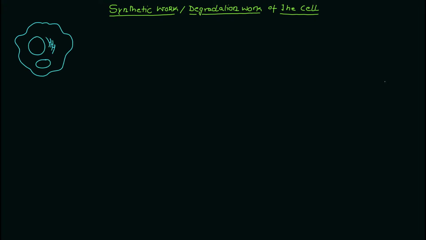Let's start by designing the cell. As you can see here, the cell is made up of different components, so there are so many things happening inside the cell. Many complex molecules. The cell produces essentially DNA, RNA, different types of proteins, different types of molecules that are important for its day-to-day function.